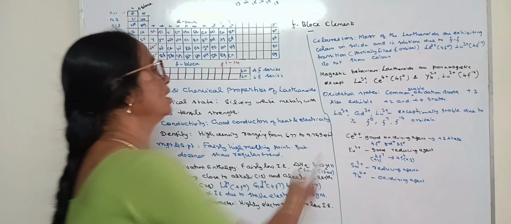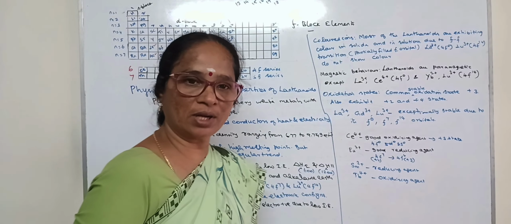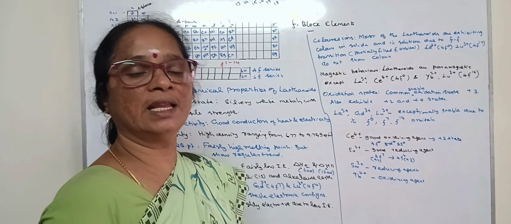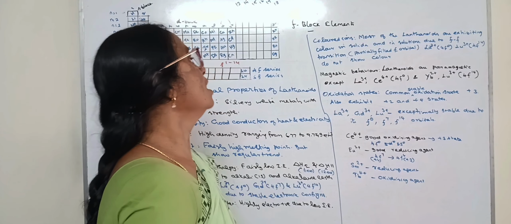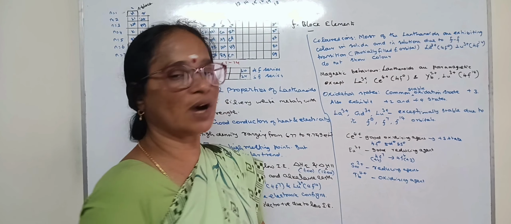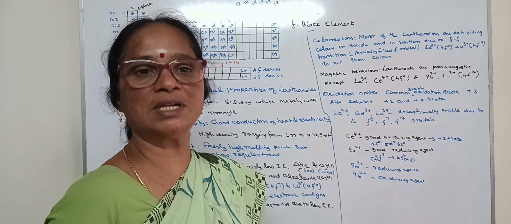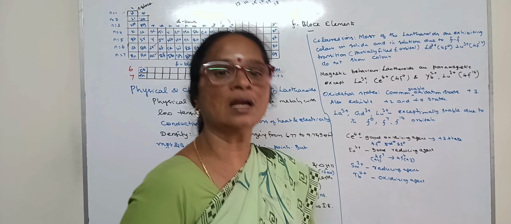The next one, formation of colored ions. Just like D block transition elements, they do exhibit colored states in their solid form as well as in their solution.